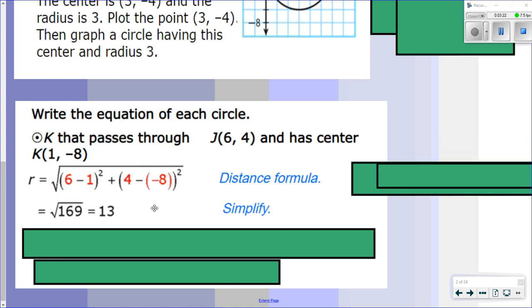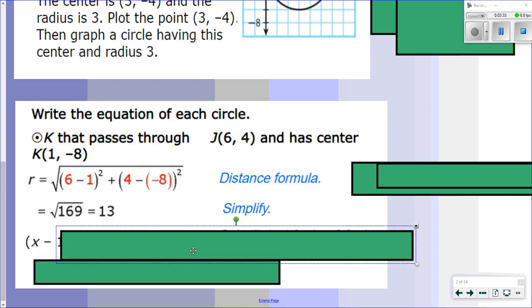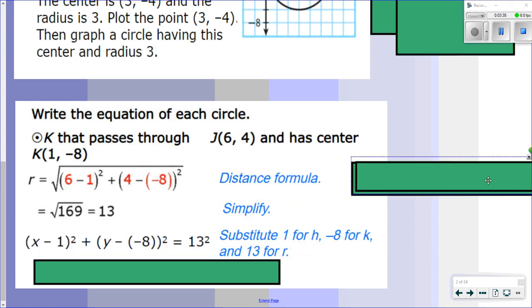So you simplify, and this gives you a 13. Once you have your radius, you know your radius is 13. The center, they told you, was 6, 4. You just plug it into the circle equation, as shown here.